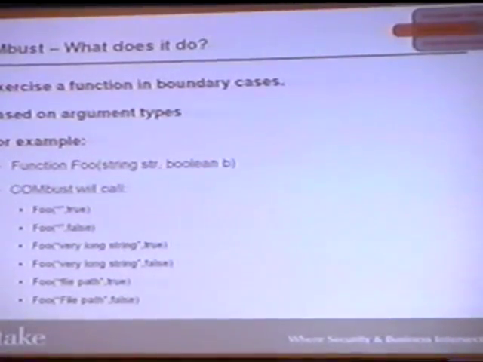So I mentioned it earlier, exercise functions in boundary cases. For example, if there's a function foo that takes a string, what happens if I pass a null string? What happens if I pass a long string, a format string, a file name, a UNC path, etc.? It is based on argument types.